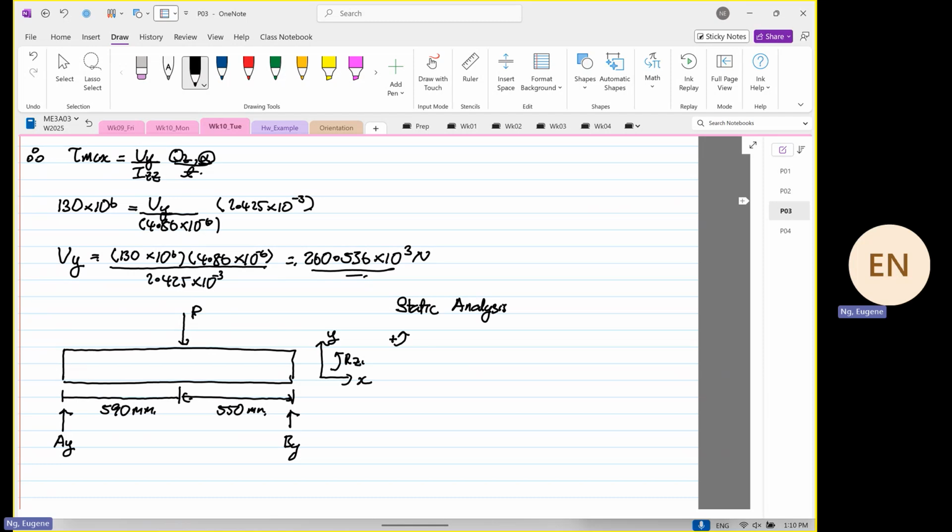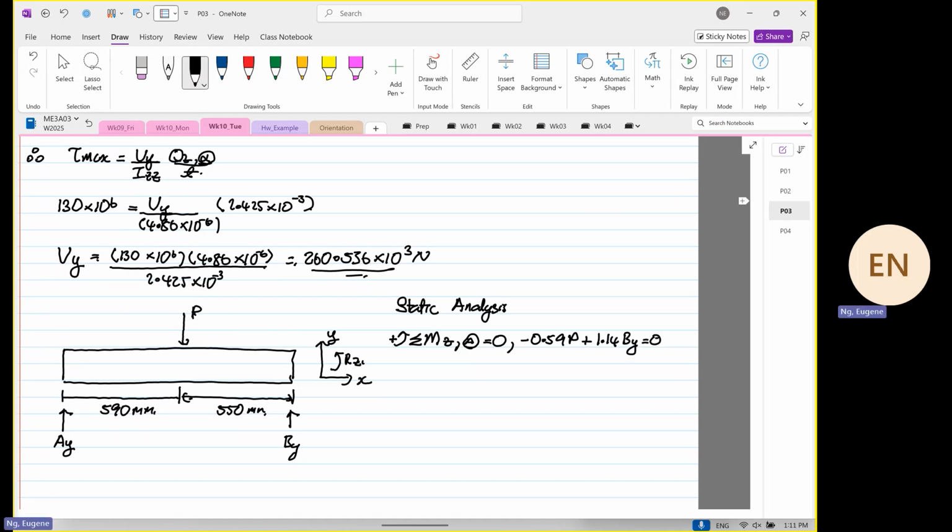We're going to do the summation of moments in the Z direction at point A equal to 0. So you will have minus 0.59 P plus 0.59 plus 0.55, which is 1.14, times BY.